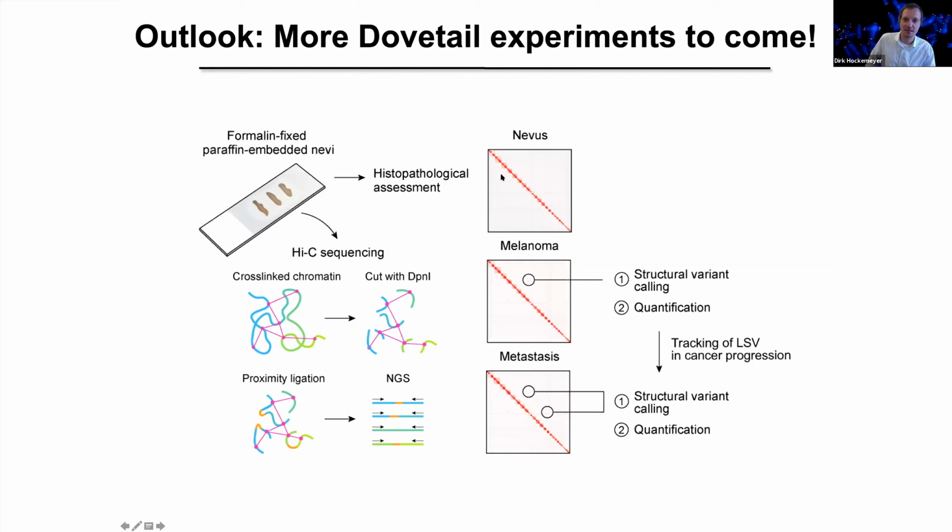And we're hypothesizing that by taking samples that are undergoing this evolution of cancer, going from a nevus to a melanoma to a metastasis, we might be able to detect cases where telomere genomic instability is driving large chromosomal events during the transition from a nevus to a melanoma.